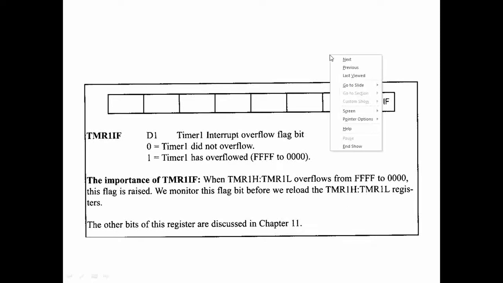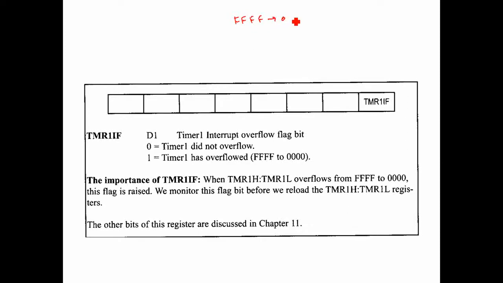Whenever the maximum count value has been reached, in the case of timer 0, we have the interrupt control register timer 0 IF flag, which will be set to 1 whenever the count goes from FF to 0000. So the timer 0 interrupt flag will be raised.